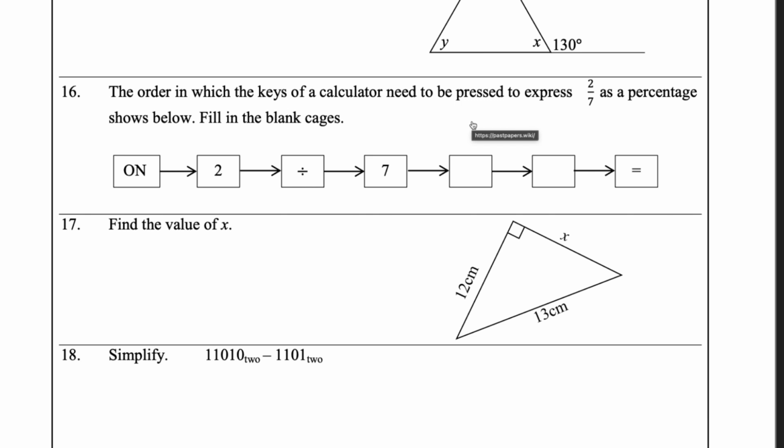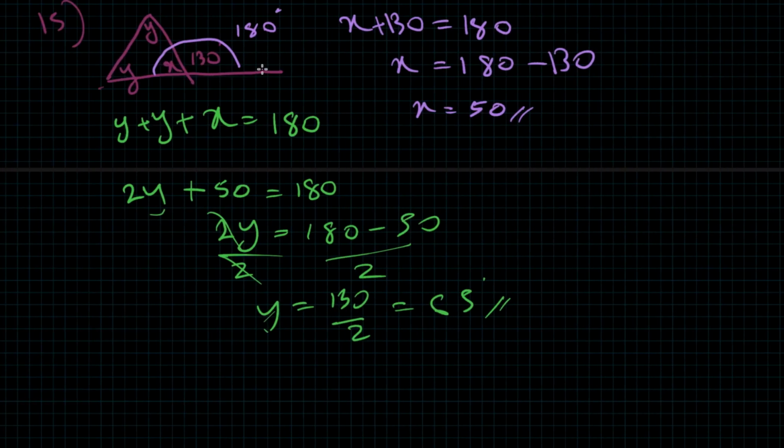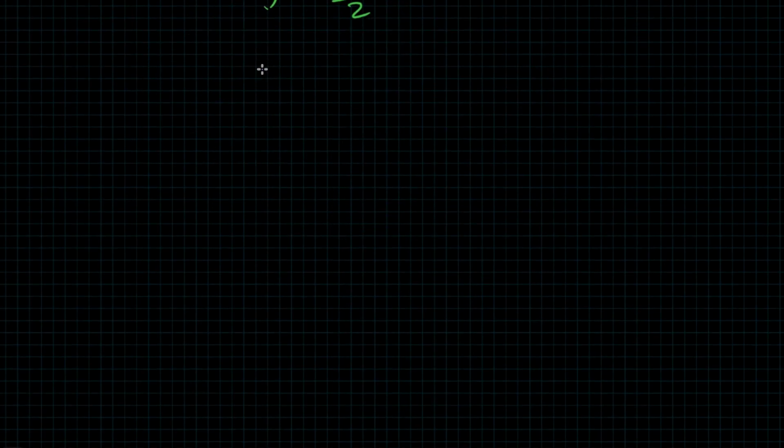Therefore, what we need to do is multiply by 100. Let's try to understand this. To represent 2 over 7 as a percentage, we need to multiply it by 100%.